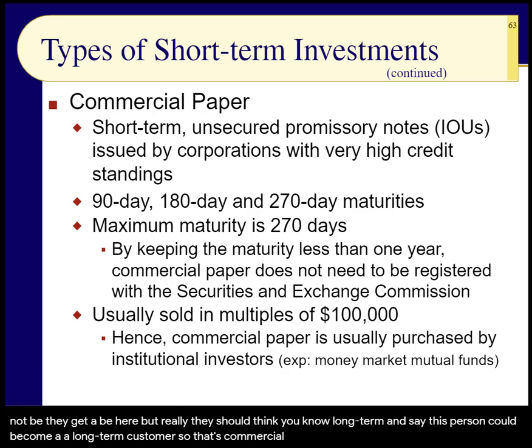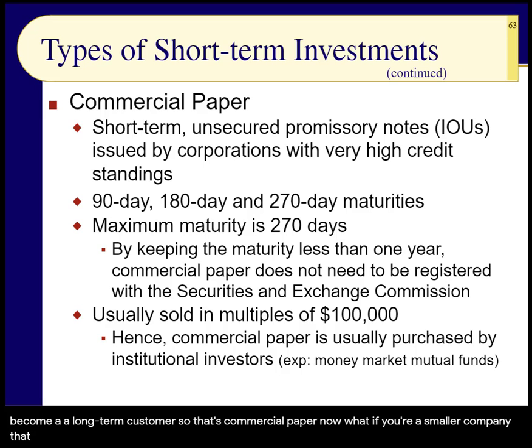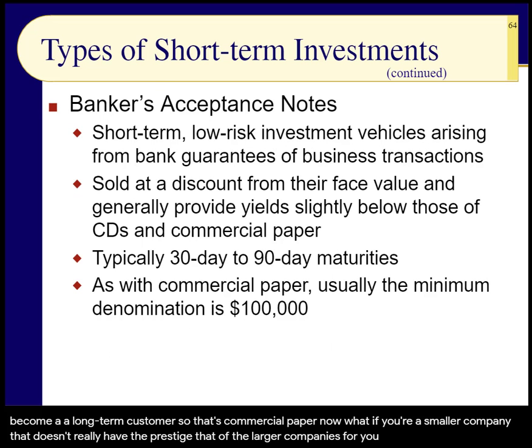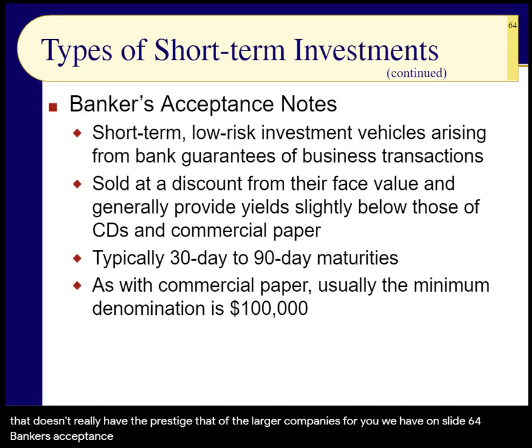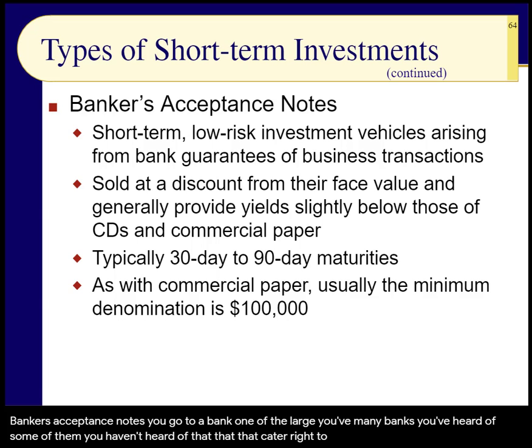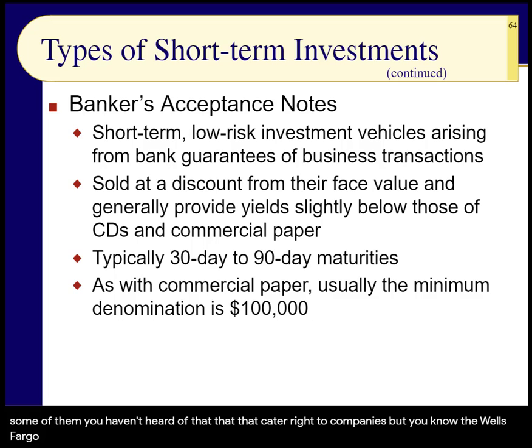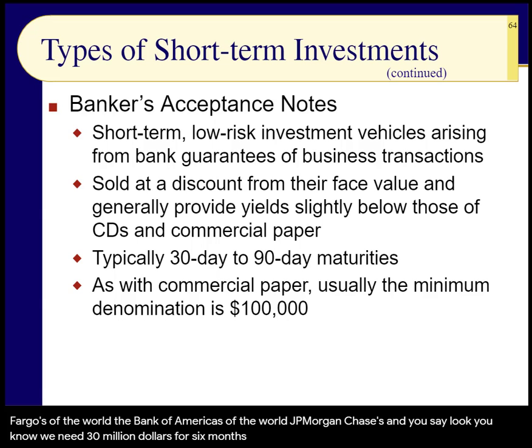So that's commercial paper. Now, what if you're a smaller company that doesn't really have the prestige of the larger companies? For you, we have on slide 64 bankers' acceptance notes. You go to a bank, one of the large banks that many of you have heard of. Some of them you haven't heard of that cater right to companies, but the Wells Fargos of the world, the Bank of Americas of the world, J.P. Morgan Chases, and you say, look, we need $30 million for 6 months, or maybe just 30 days.